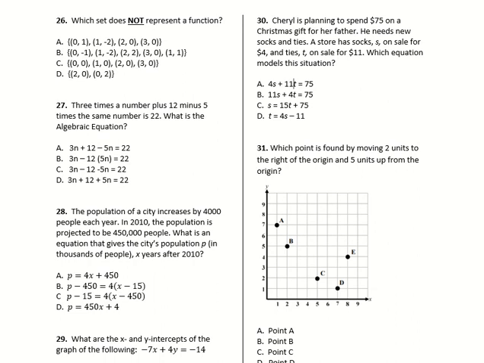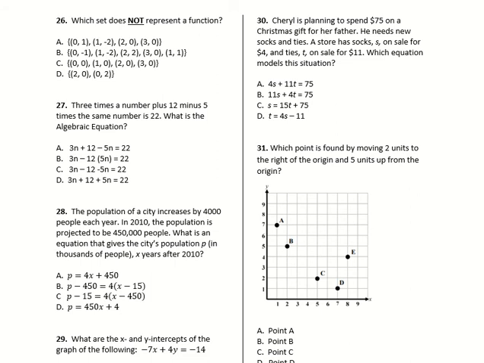26. Which set does not represent a function? A, the set of the points 0, 1, 1, negative 2, 2, 0, 3, 0. B, the set including the points 0, negative 1, 1, negative 2, 2, 2, 3, 0, 1, 1.